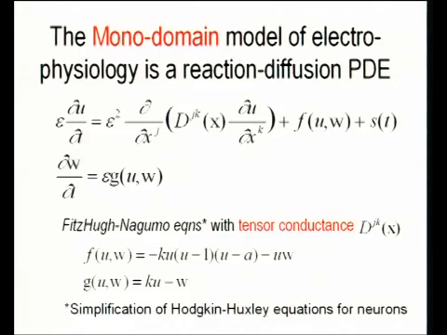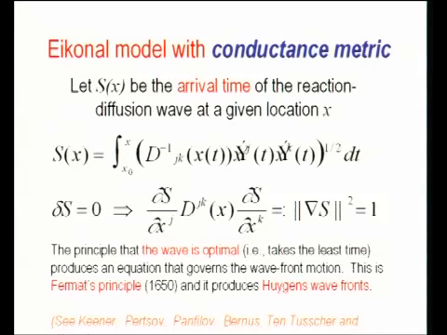Okay, so an example for the monodomain model is a reaction diffusion partial differential equation. It's familiar to most of us, but I want to point to this particular aspect of the tensor conductance, which is the source of this anisotropy, and there can also be inhomogeneity in that tensor.